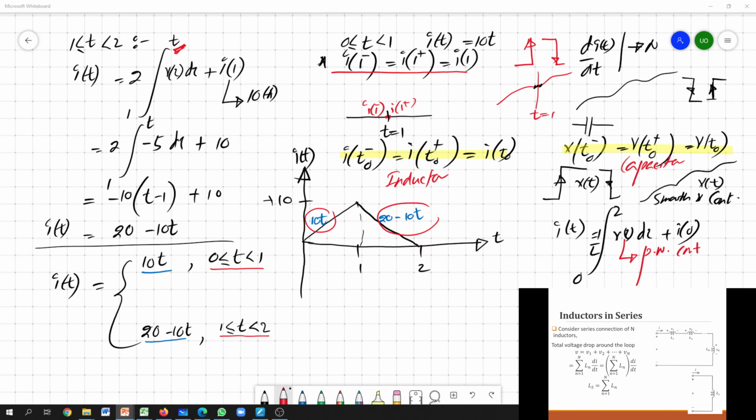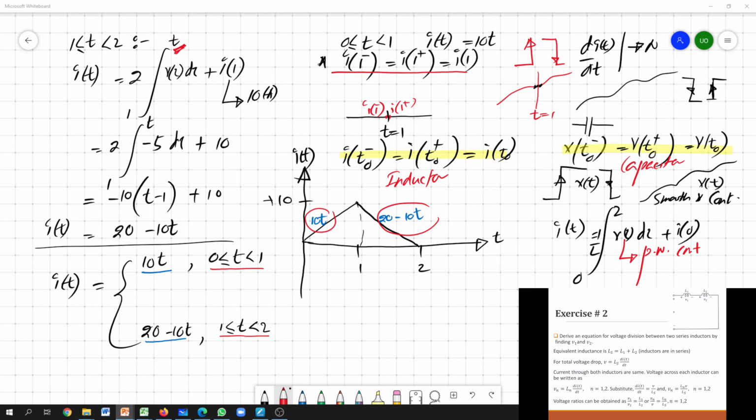Then you can refer to the slides for the series type of inductors. Once the inductors are in series, what would be the equivalent inductance, and if you put the inductors in parallel, what would be the equivalent inductance for this parallel combination. Like in the resistors, you can build similar arguments and come up with equivalent values.